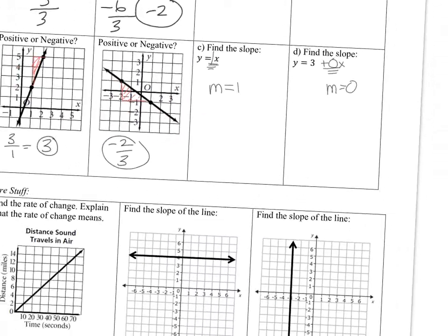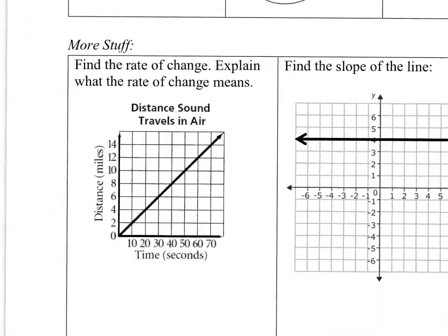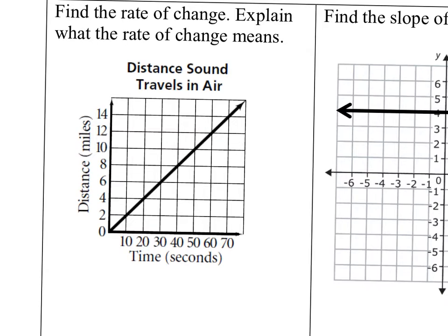So down here, find the rate of change and explain what it means. Remember, rate of change is the same thing as slope. So I'm going to make my slope triangle right here. I'm going to go up 4, right 20.